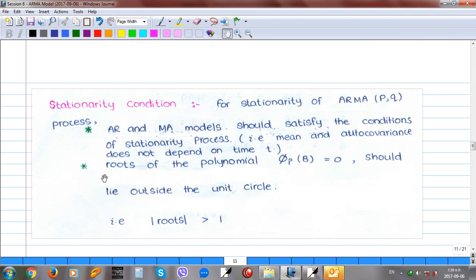And for stationarity, we have to take the autoregressive part of the model, and again find the roots for B. If they lie outside the unit circle, it means roots are greater than 1, and you have to take the absolute values only, no need to consider the minus sign. Then the process is stationary.